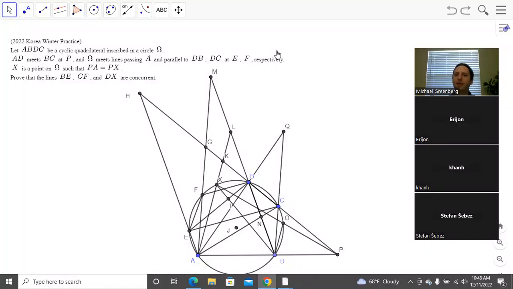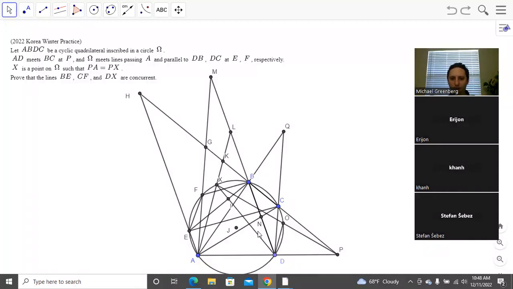So if you let CF meet BE at a point. Okay, so I see how proving that solves it.